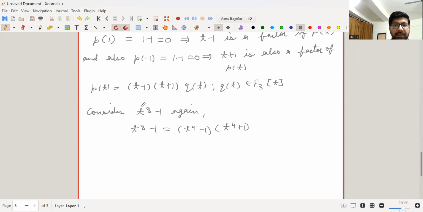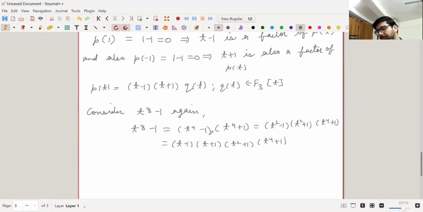Then again it's t^2 squared minus 1 squared. Again we can use the identity, which gives us (t^2 minus 1)(t^2 plus 1)(t^4 plus 1). Now t^2 minus 1, again the same thing: (t minus 1)(t plus 1), and then you have (t^2 plus 1)(t^4 plus 1). So these linear factors we are getting, no problem. We already got them by just putting in the values. But what about these two?